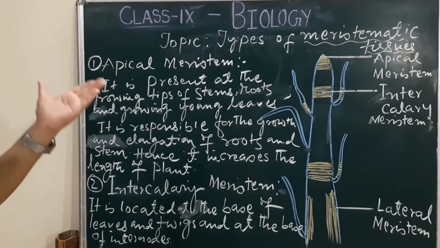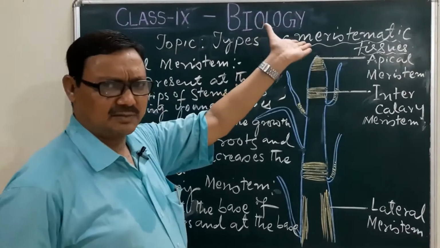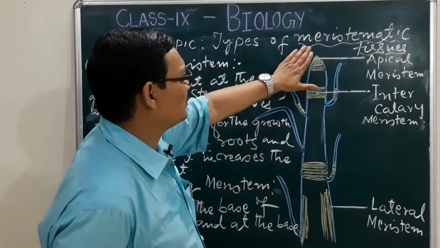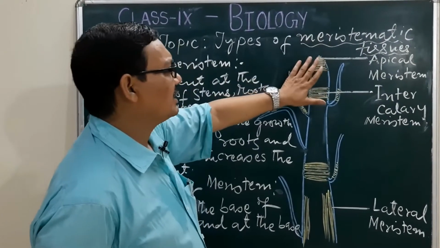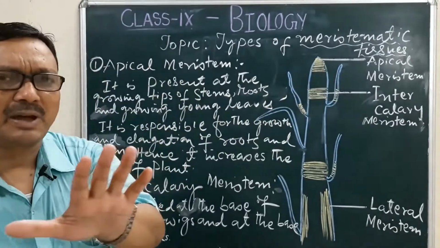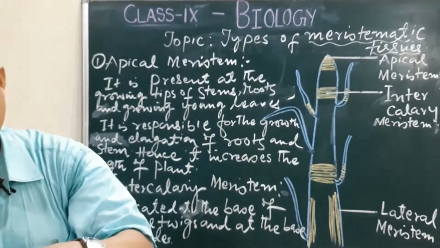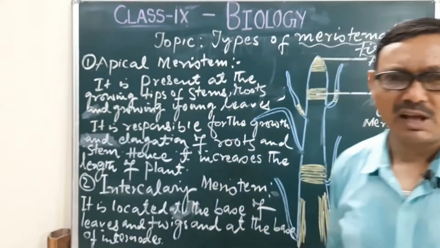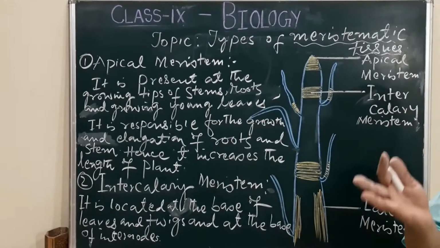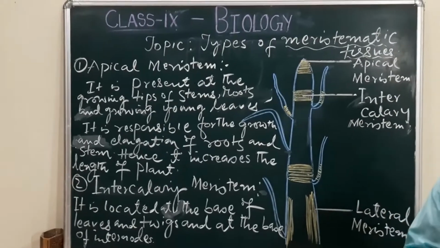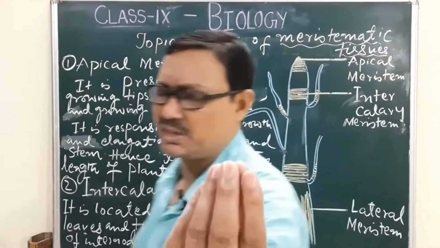We also saw that such tissue is made up of living cells, their cell wall is thin, there is a dense cytoplasm and a prominent nucleus, there is no vacuole, and if there is a vacuole, it is very small.